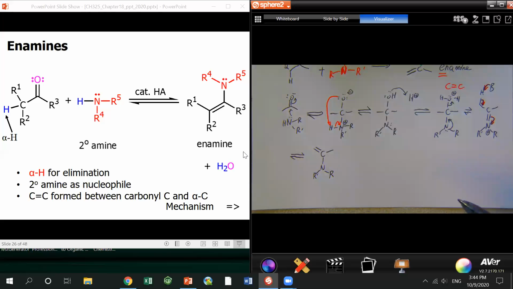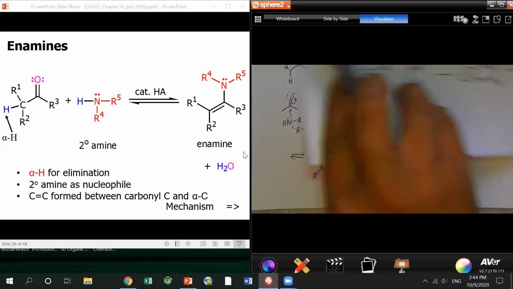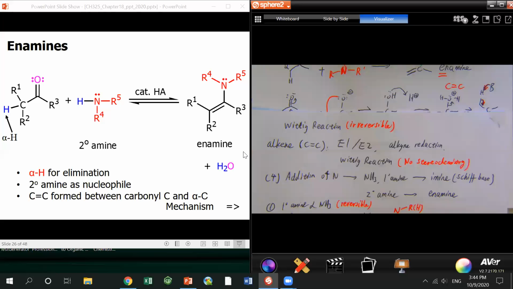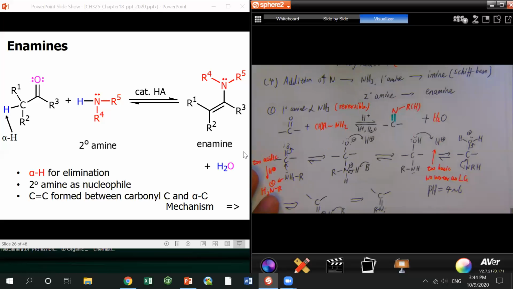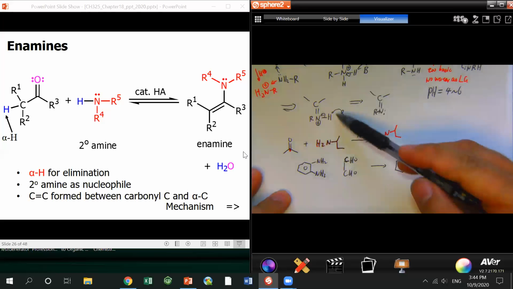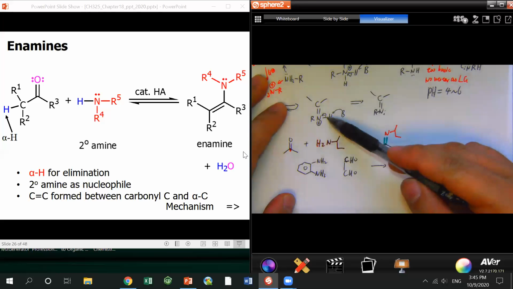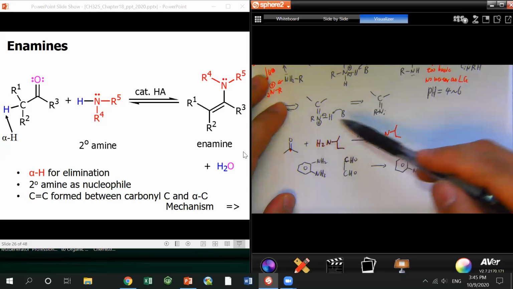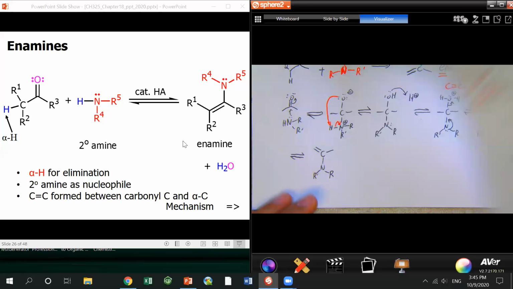The first three steps are exactly the same as the imine formation. Only the last step differs. In imine formation, the base picks up the hydrogen on the amine nitrogen and gives the imine. But for a secondary amine, the base picks up the alpha hydrogen and gives you the enamine.